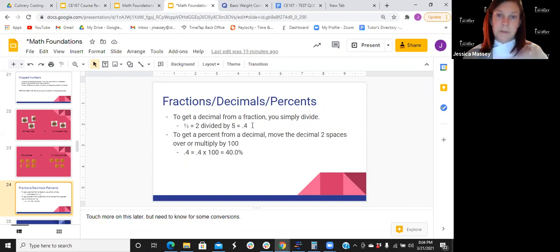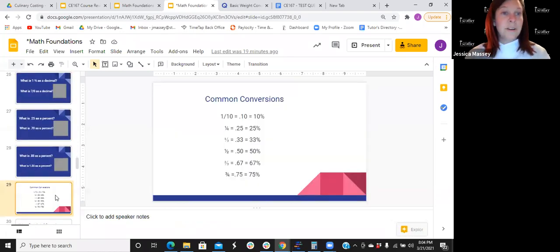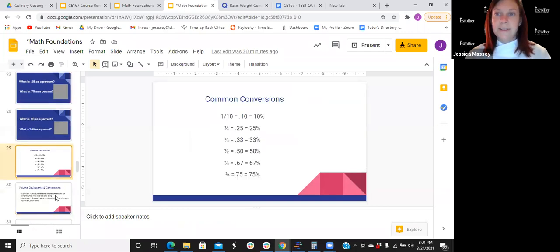To get that decimal to a percentage, you can multiply by 100, or you can move that decimal 2 spots to the right. Whichever is easiest for you or helps you more, do it that way. That's the exact same thing. I personally like multiplying by 100, but I'm a math person, so that's probably why.